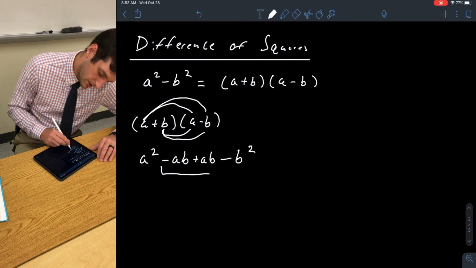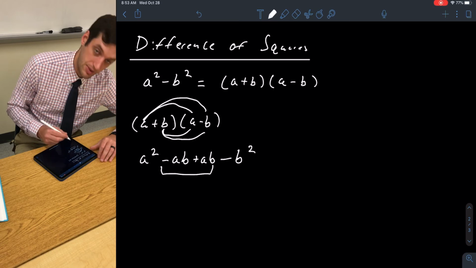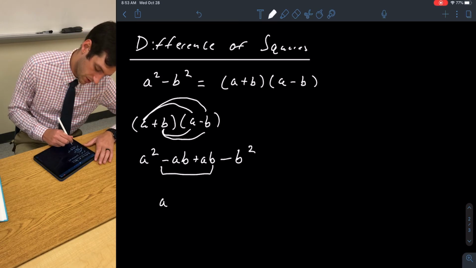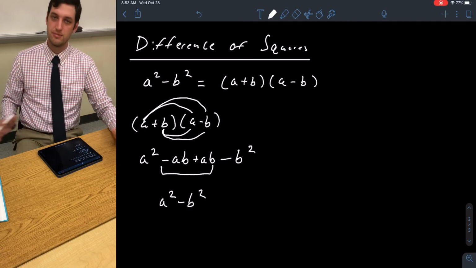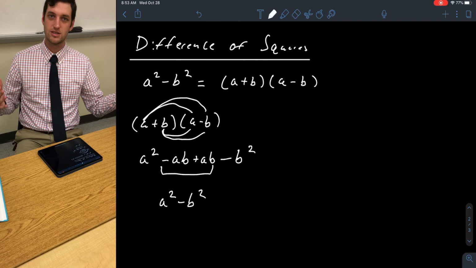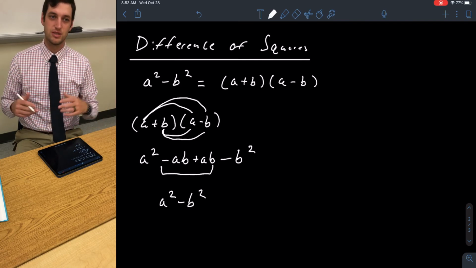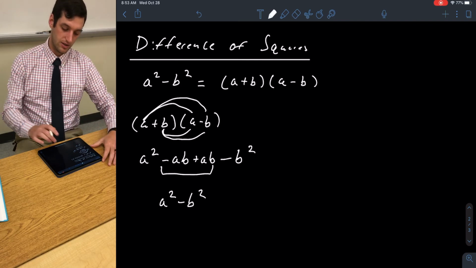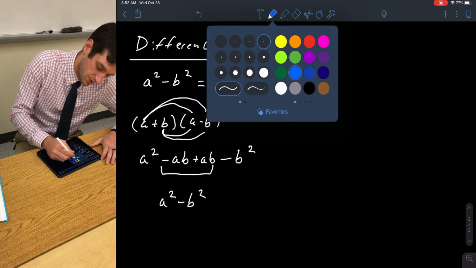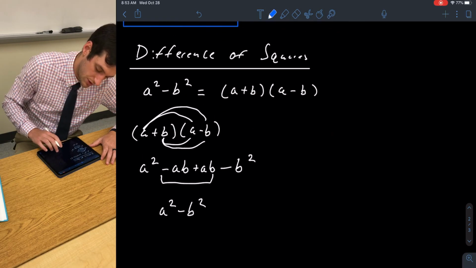If we combine our like terms, negative ab plus ab is equal to 0, or in other words, a squared minus b squared. So FOILing works the same with this problem as it would with any other problem.